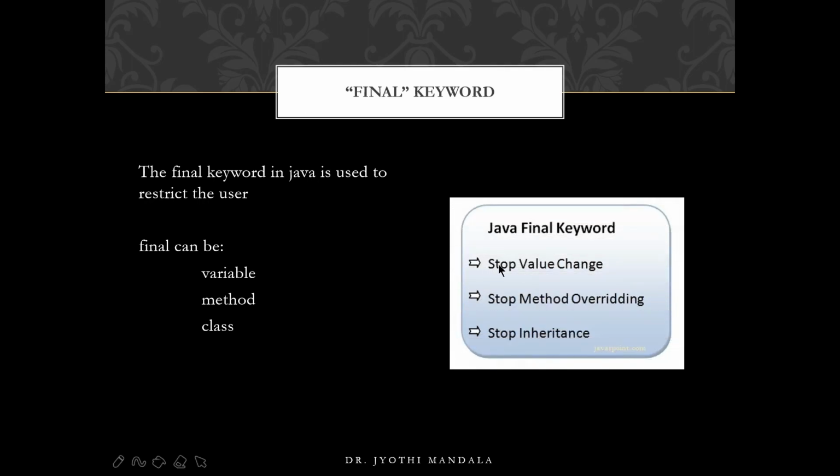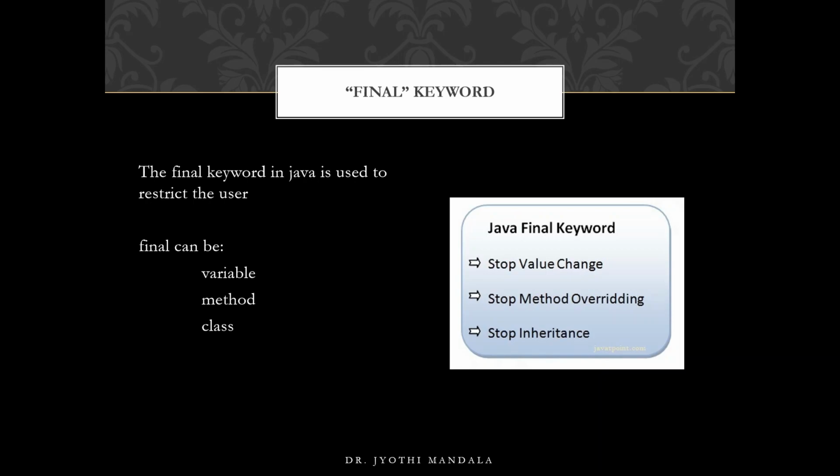In detail we'll explain how it can be used with variable, method and class, but at a glance: if you use the final keyword with a variable, you are stopping the change of the value of that variable. If you use a final keyword with a method, we are stopping method overriding, which we have already learned, right?